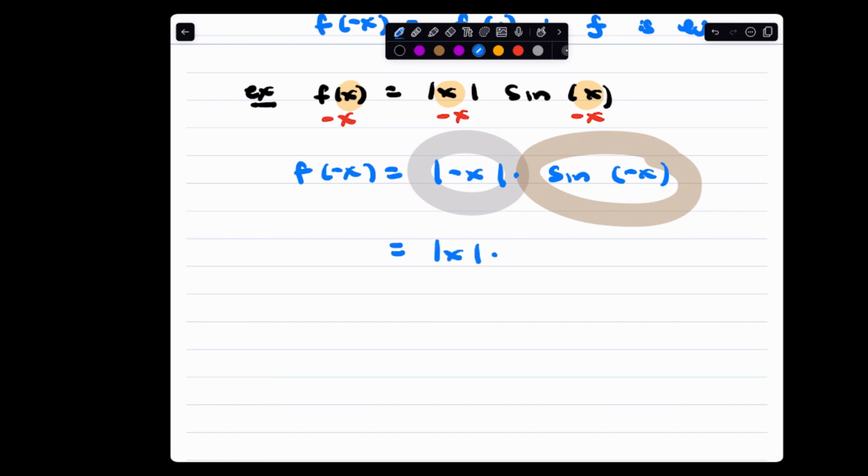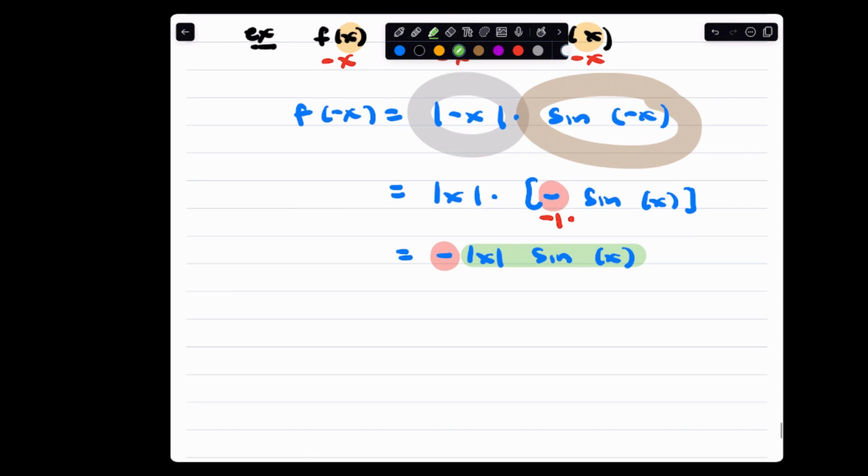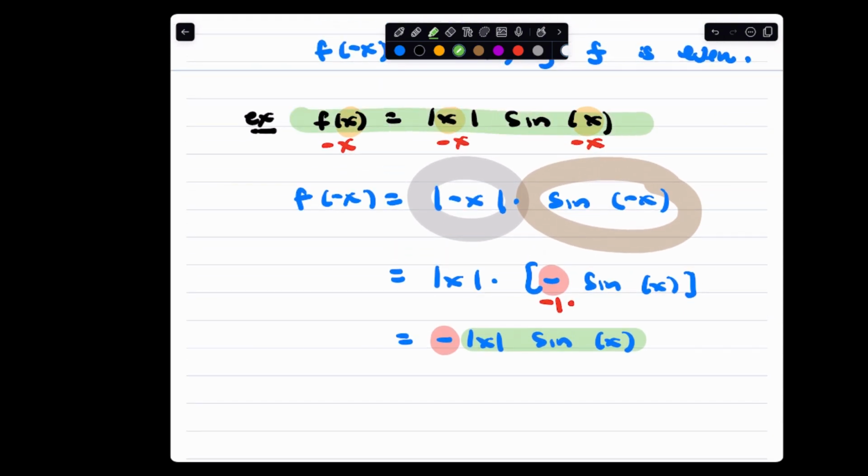Sine of negative x is negative sine x. So what do you do with this negative sign? That's really negative 1 times, and the order in which you multiply doesn't matter, so I can move that sign to the outside. That negative sign, which is really negative 1 times, is on the outside now, and then I recognize that this is really my function f.